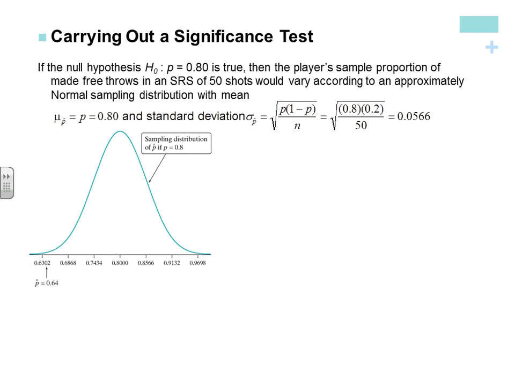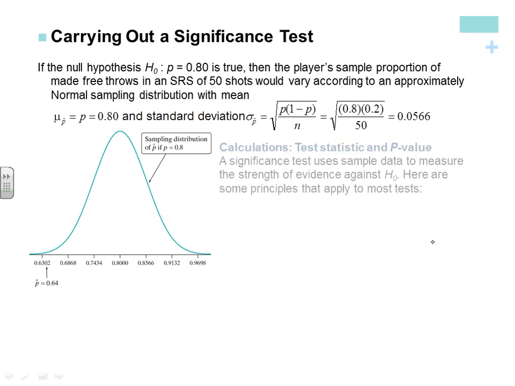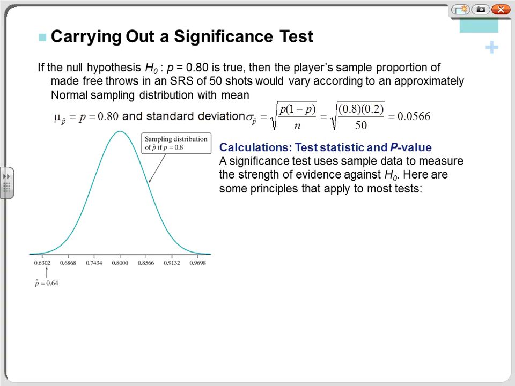And for the standard deviation of p hat, we're going to use the square root of p times 1 minus p over n, and that gets to be roughly 0.0566. If I set it up on a normal density curve, we have our mean in the middle at 0.8, and then you can see approximately where your p hat is going to lie. So 0.64 or less would all be that area in the tail. So this is going to be a one-sided test.